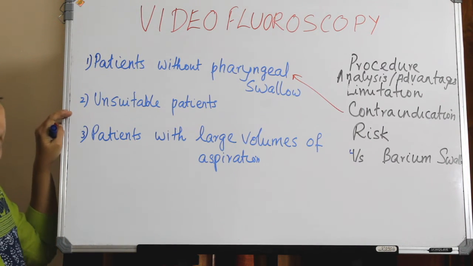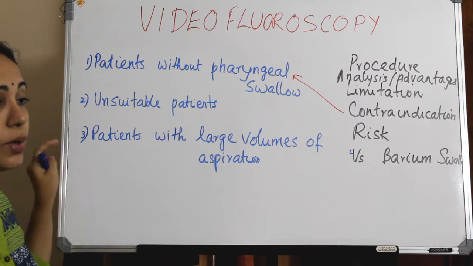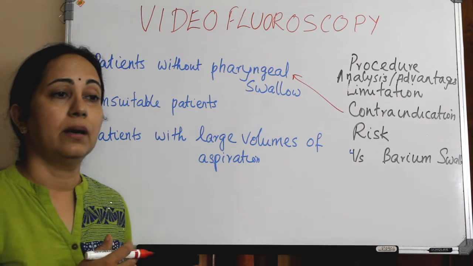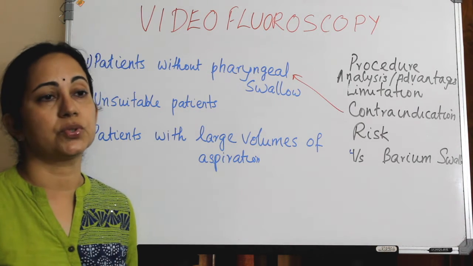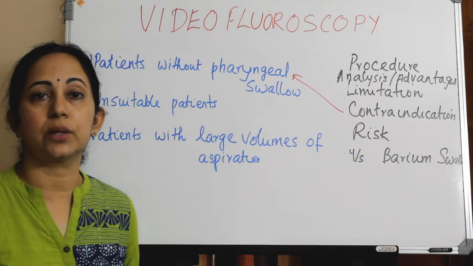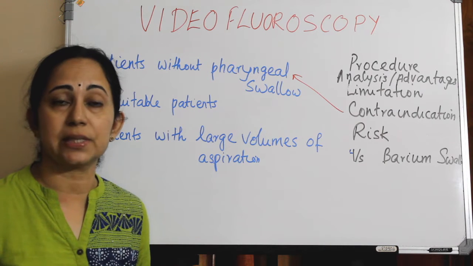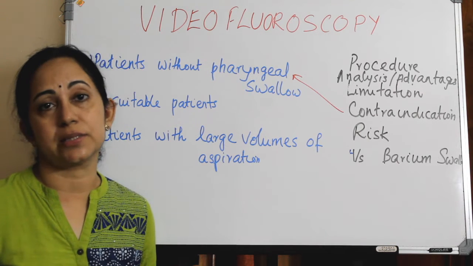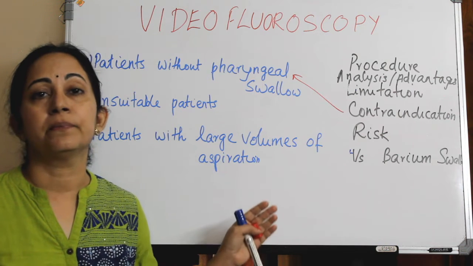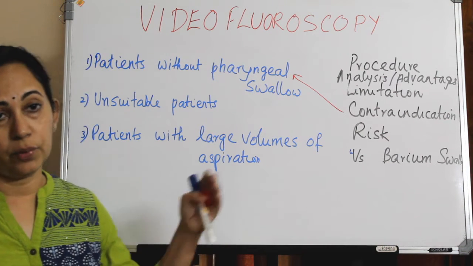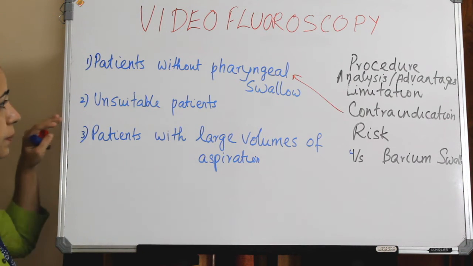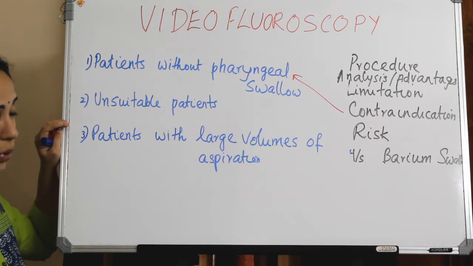Then unsuitable patients, like patients who are not able to maintain the position for the procedure, or drowsy patients, uncooperative patients, and also patients having an adverse reaction or hypersensitivity to the barium or whatever the dye. So they are unsuitable patients, and it should not be done.